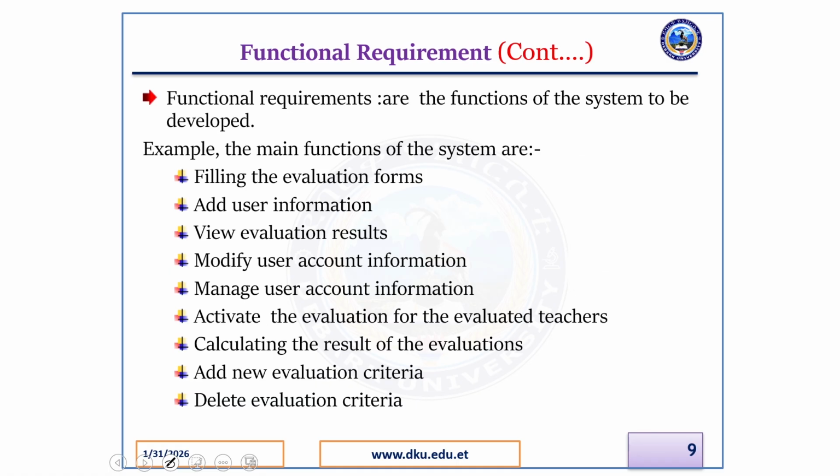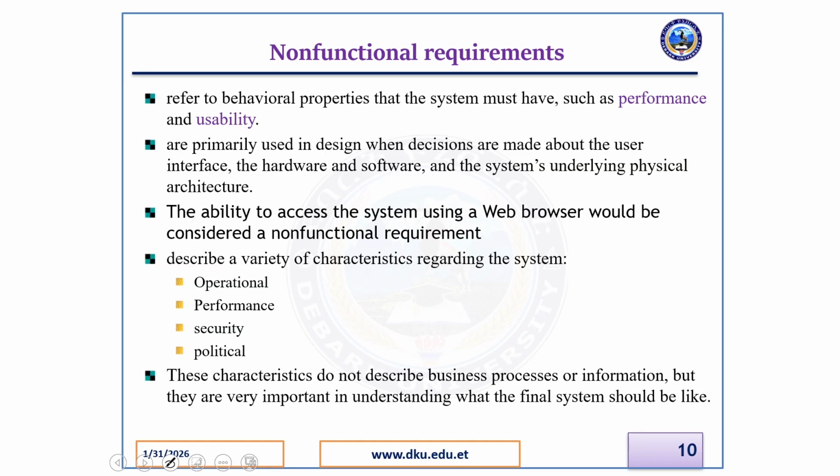Functional requirements are the functions of the system to be developed. For example, the main functions of the system are filling the evaluation forms, add user information, view evaluation results, modify user account information, manage user account information, activate the evaluation for the evaluated teachers, calculating the result of the evaluations, add new evaluation criteria, delete evaluation criteria, and so on.